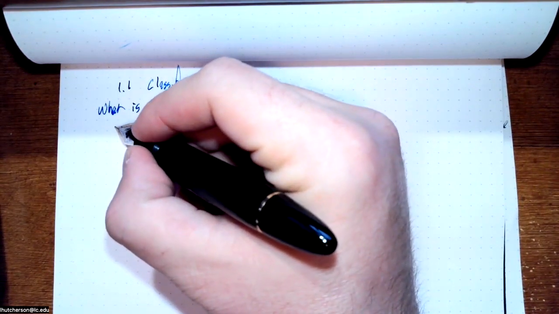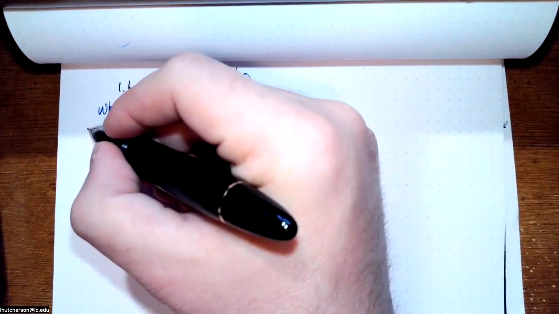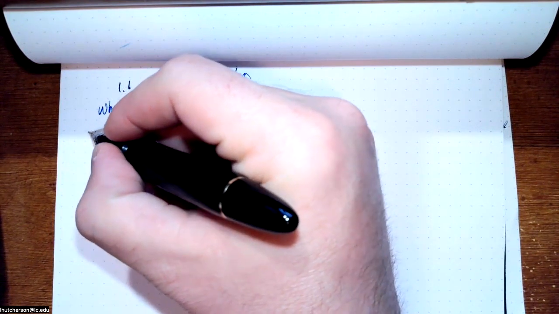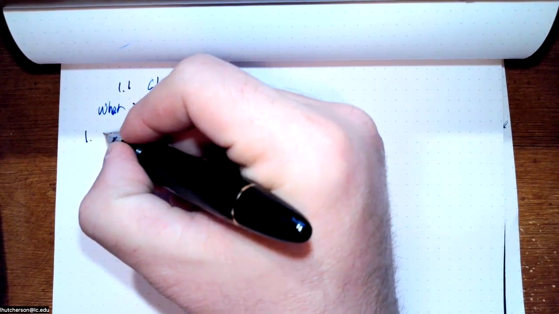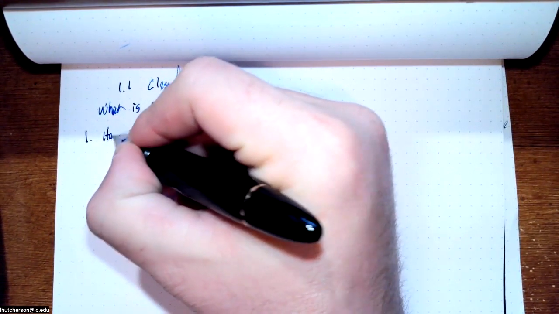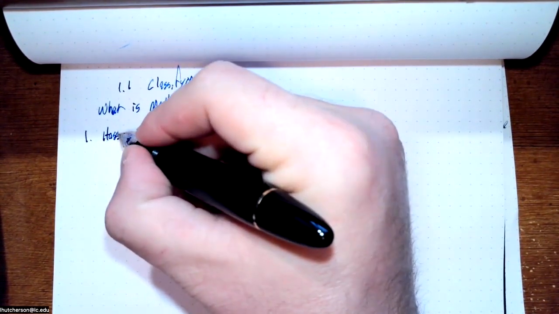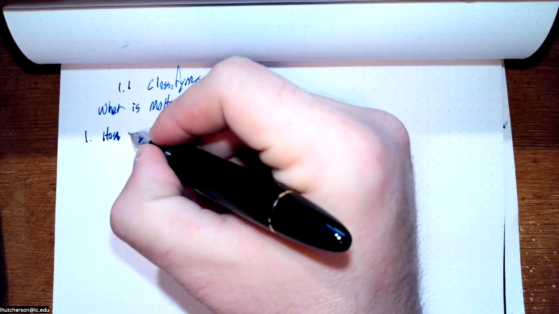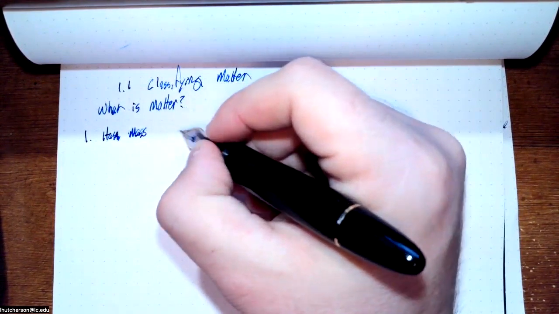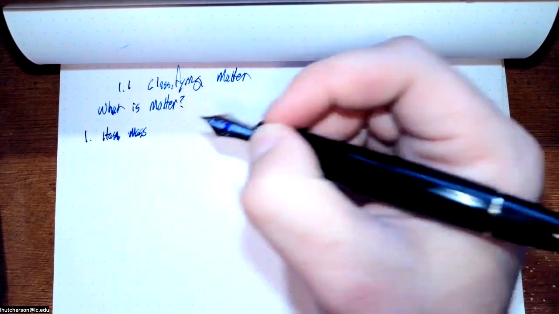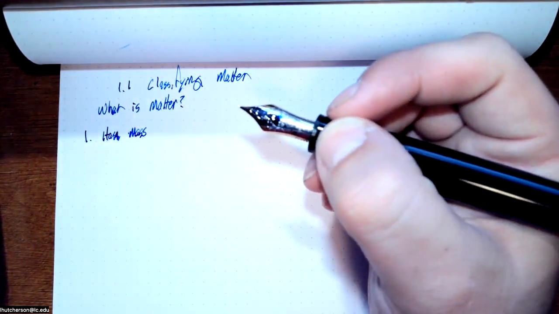So, to get to the nuts and bolts definition, basically matter has two properties. One of them is that it has mass. Now, what does that mean? What is mass?